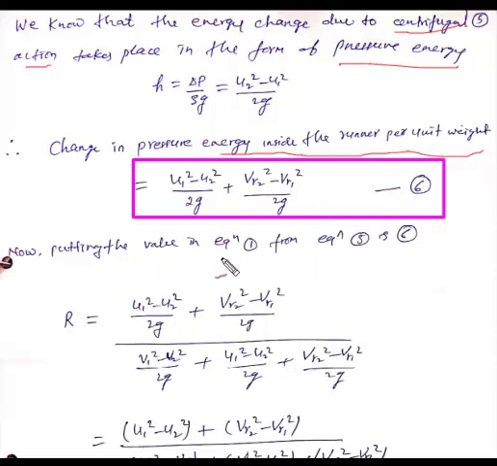Now putting the value in equation number 1 from equation number 5 and 6, we get the degree of reaction R is equal to the net change in pressure energy in the runner divided by the total energy change in the runner.